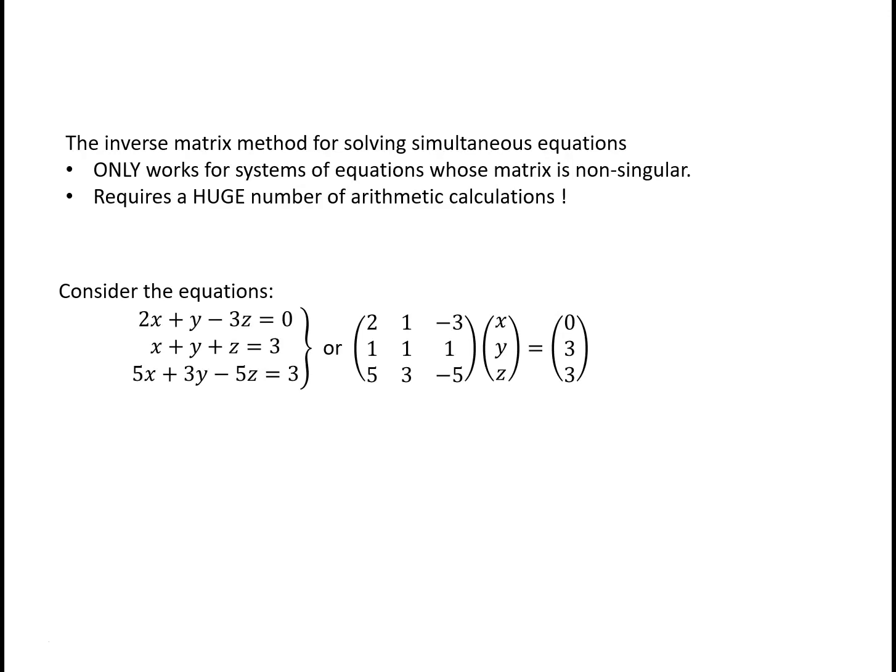We also noticed in the previous video that if we had the equations 2x plus y minus 3z equals 0 and x plus y plus z equals 3 and 5x plus 3y minus 5z equals 3, then the determinant of the matrix was 0, so the inverse matrix method won't work.